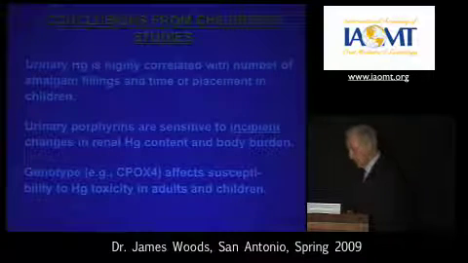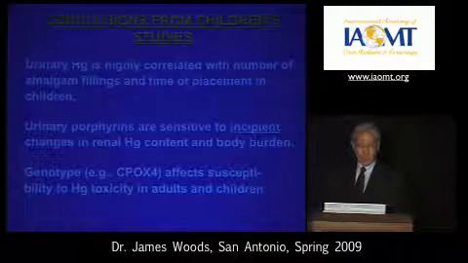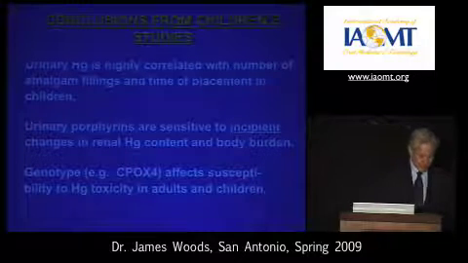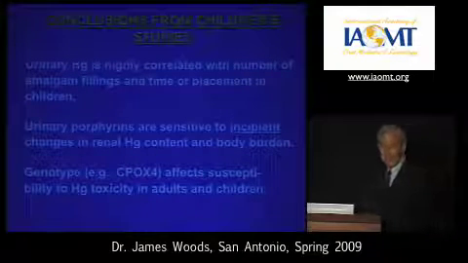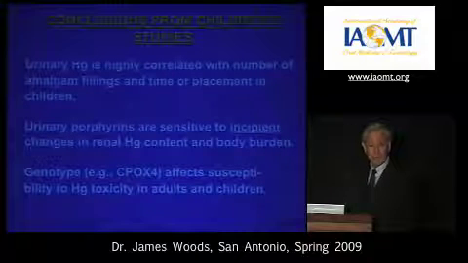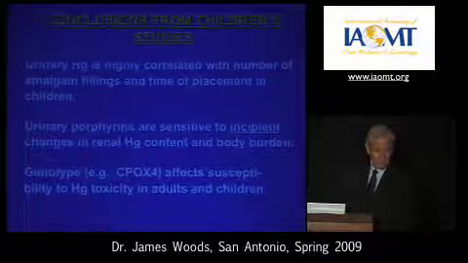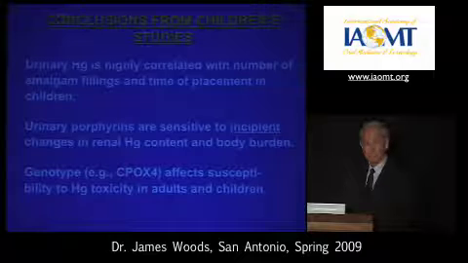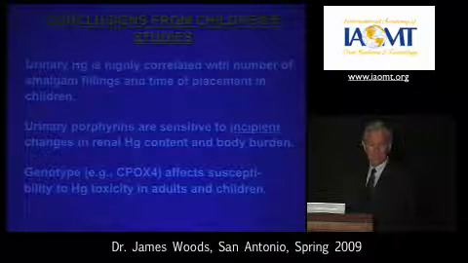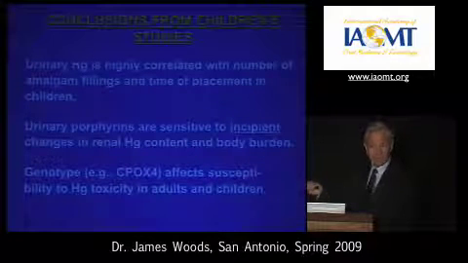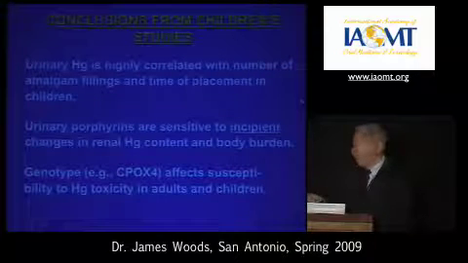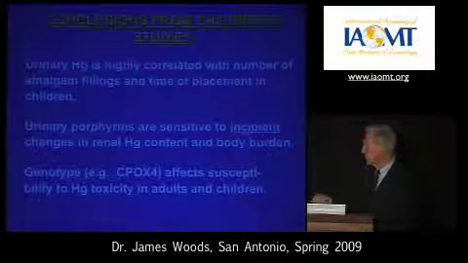We found that while the urinary porphyrins did not increase significantly in these kids with the amalgams, given that they only had a couple of micrograms per liter of difference of mercury in the urine, still there could be substantial accumulation in the kidney, where the mercury effect on porphyrin metabolism is predominantly mediated.